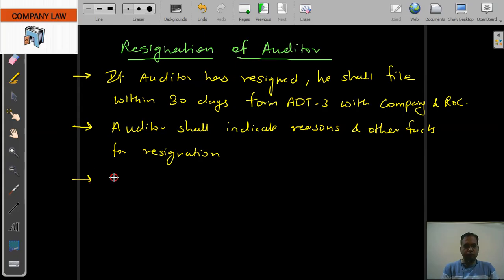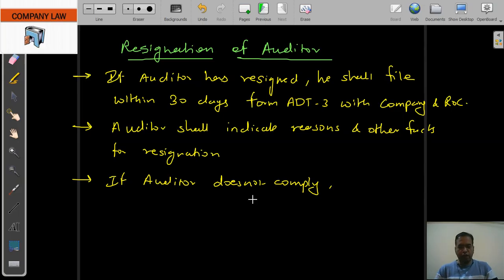If the auditor does not comply, he shall be liable for a penalty of 50,000 rupees or an amount equal to his remuneration. So these are some of the facts for the removal and the resignation of the auditor.